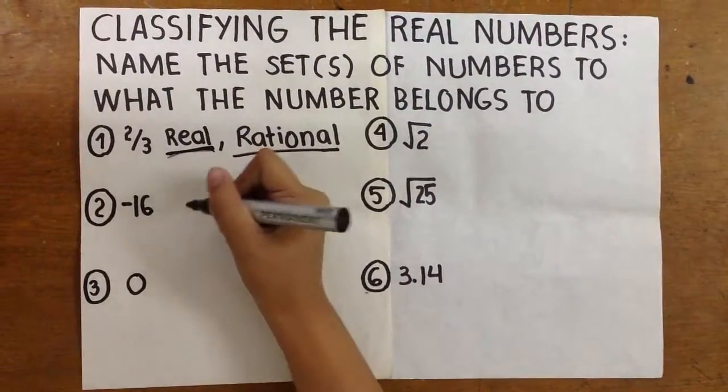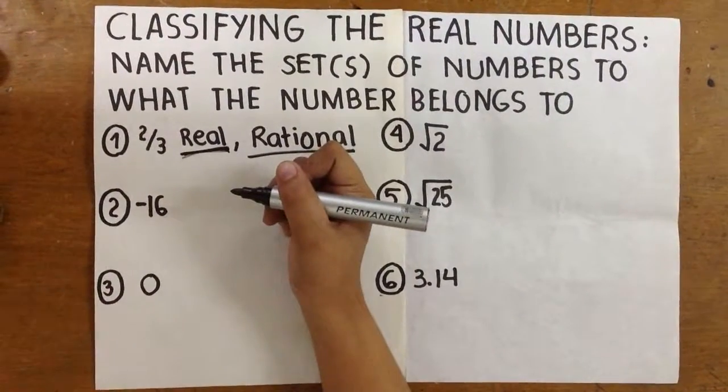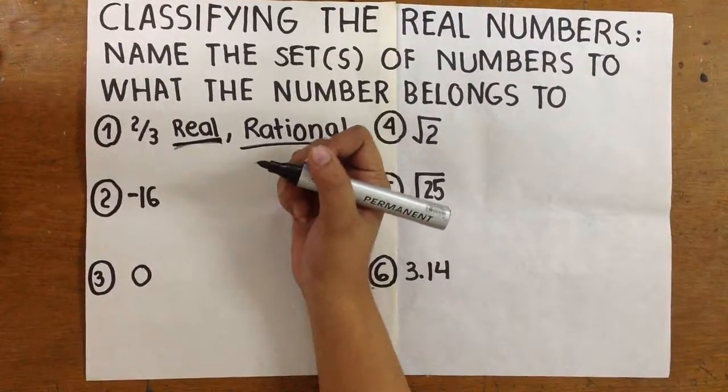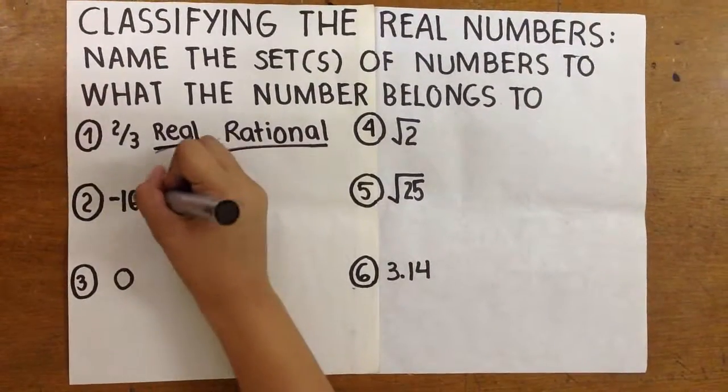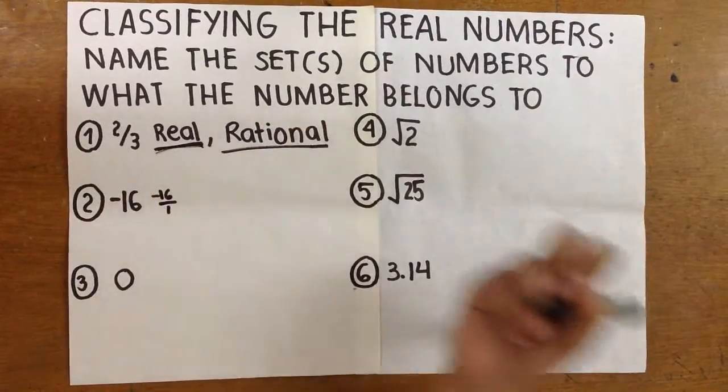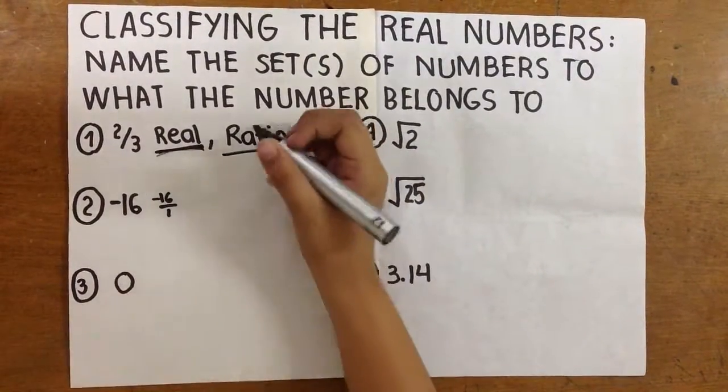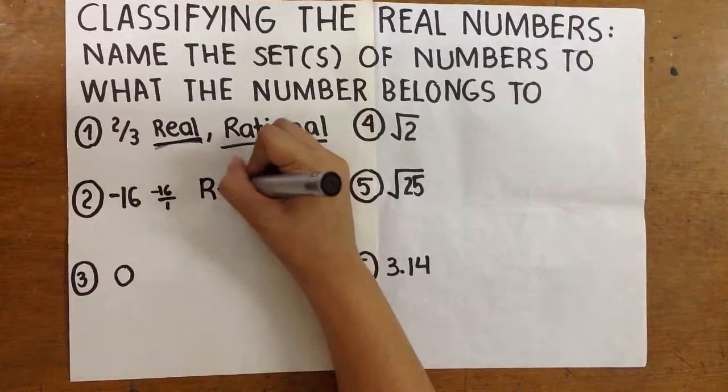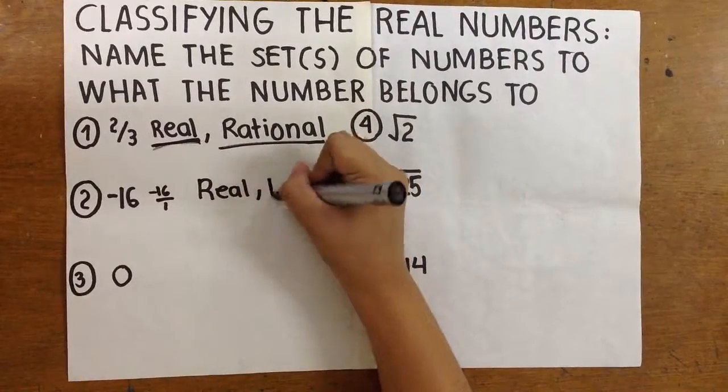Now, we look at -16. This is a real number, and it can also be expressed as a fraction by writing -16/1. So, this fraction is rational. But first, it is real. Rational.